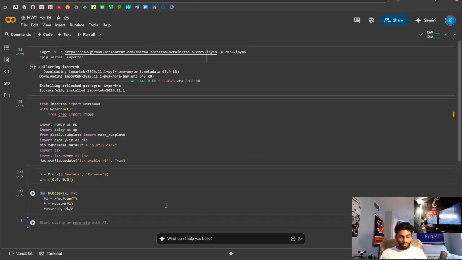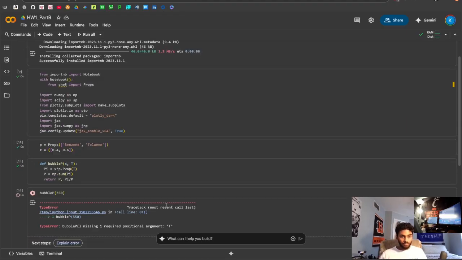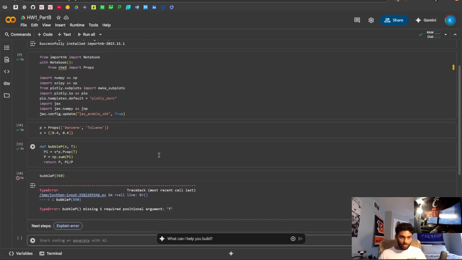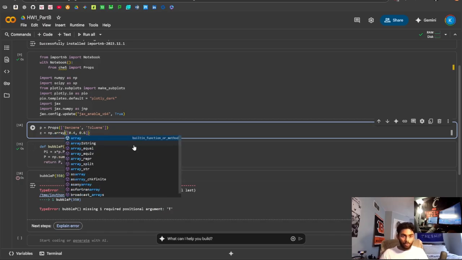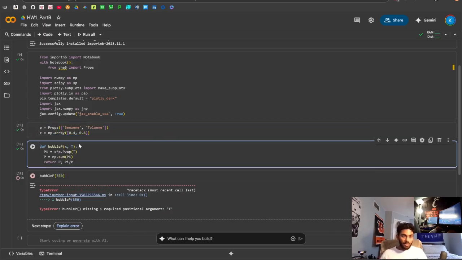So now if we were to call our function, let's say we want to analyze it for 350 Kelvin. The first thing I should have probably done is define this as an array, otherwise it won't do the math properly here. It's going to try and use a dimensional argument to push out an error that we don't want.